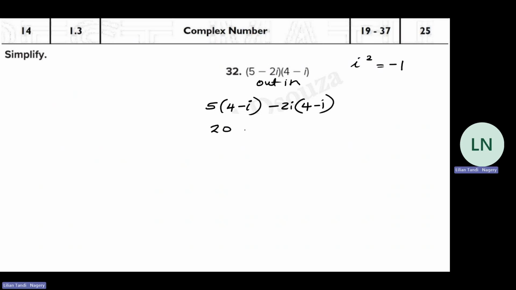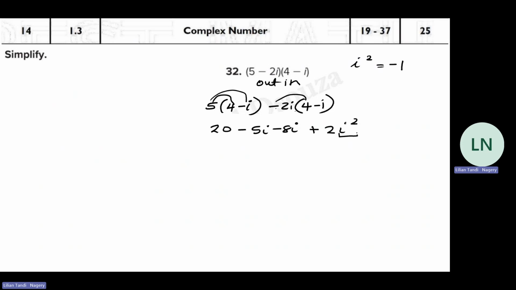So 20 minus 5i, minus 8i, or negative 8i, and plus, a negative times a negative is a positive. And then 2 times 1 is 2, and then i times i is i squared.